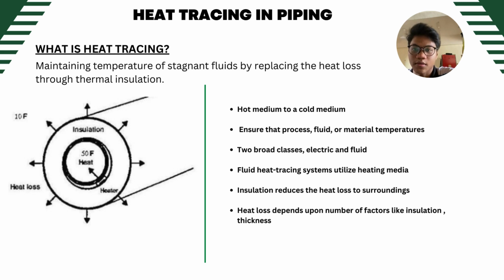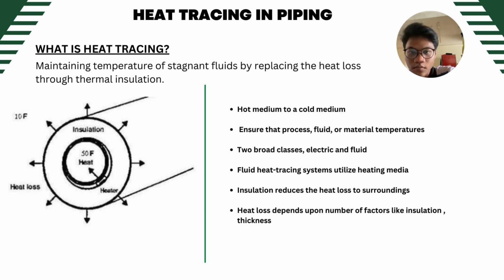And then this is the part for heat theory for heat tracing in piping. The theory for piping is that heat is always transferred from a hot medium to a cool medium. Also, pipe tracing and heat tracing are commonly used to ensure the process temperature of the fluid or material.